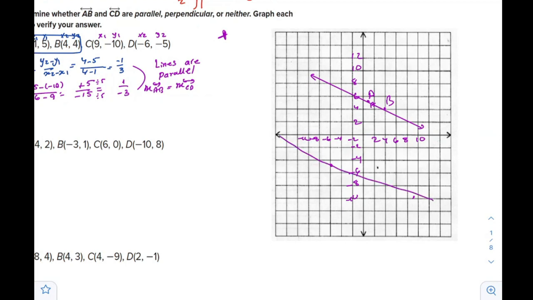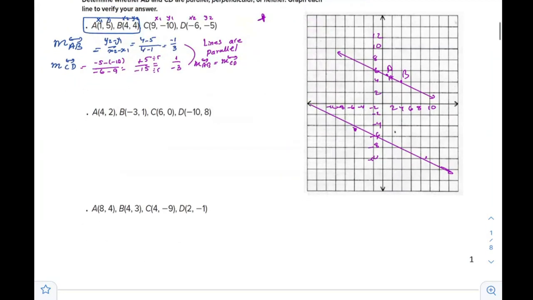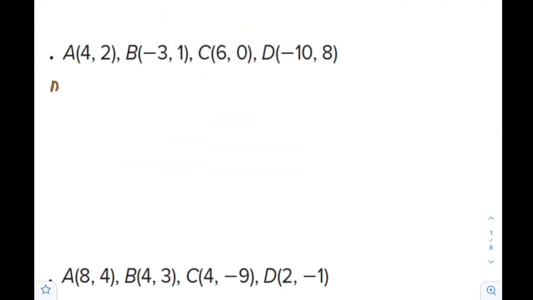So if you graph, of course the graphs are not that accurate. They look parallel, as you can see here. So the lines are parallel. Question number 2, let's use another color. We will find the slope here.